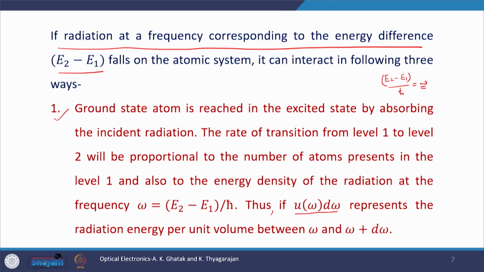Now, this upward transition or this phenomenon of absorption will depend upon the carrier density or the number of atoms present in the lower level and on the energy density of radiation at frequency omega. Okay. Thus, if U omega d omega represents the energy density per unit volume between frequency omega and omega plus d omega.